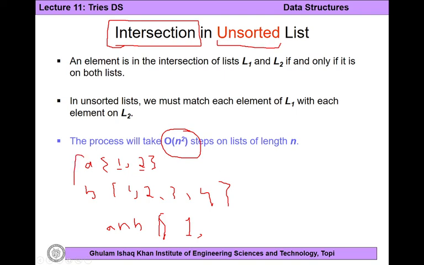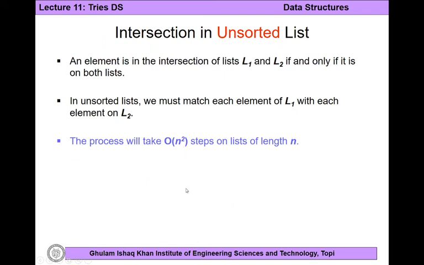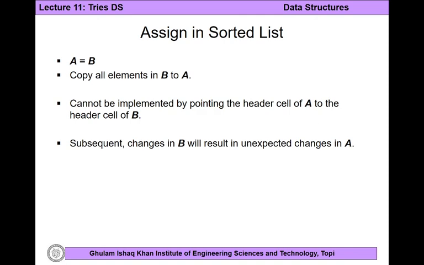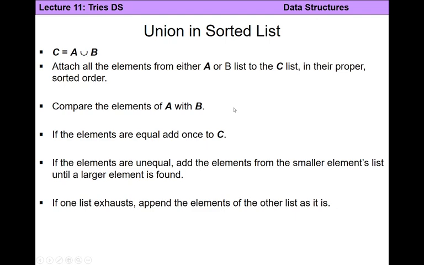By chance I've made them sorted here, but in case these lists are sorted, then the operation cost is a bit decreased. Similarly, if you want to assign one list to another, copying is easy. You just need to make changes in the heads of the linked list. That will be convenient.